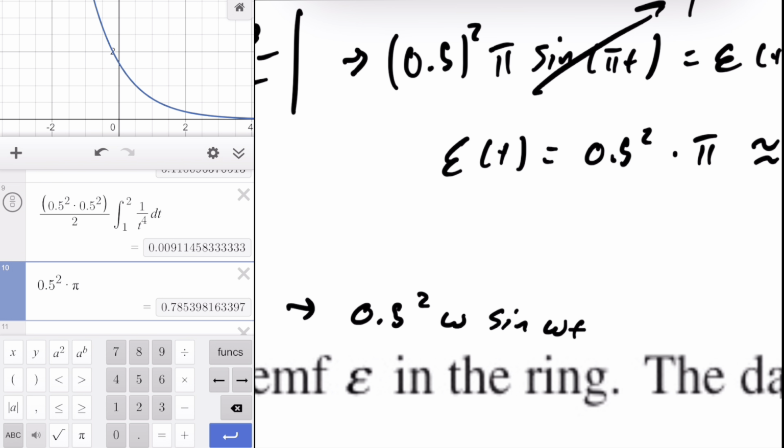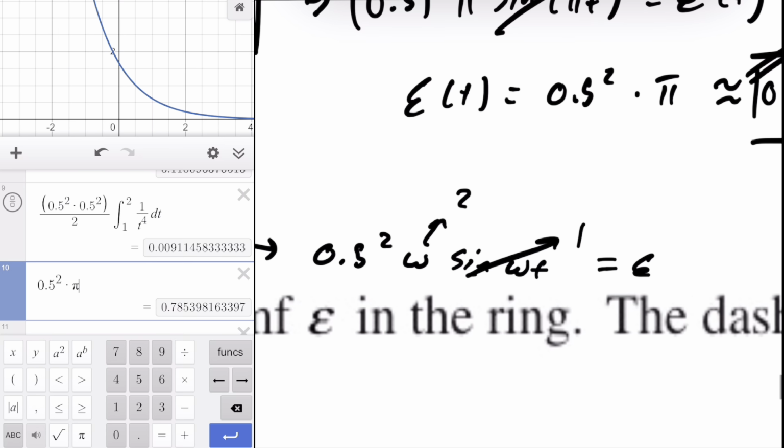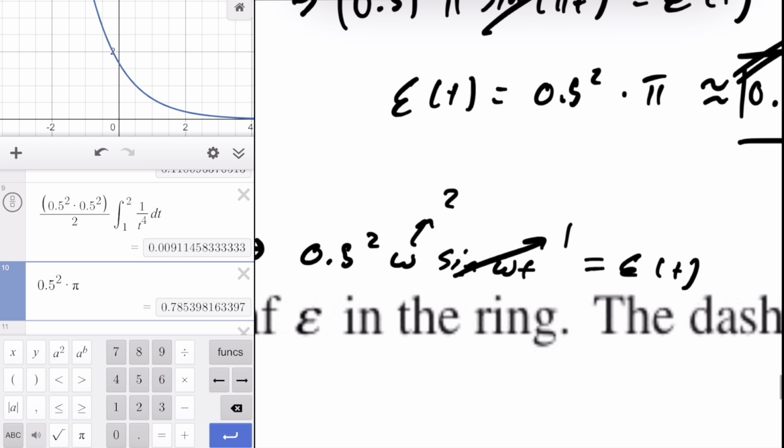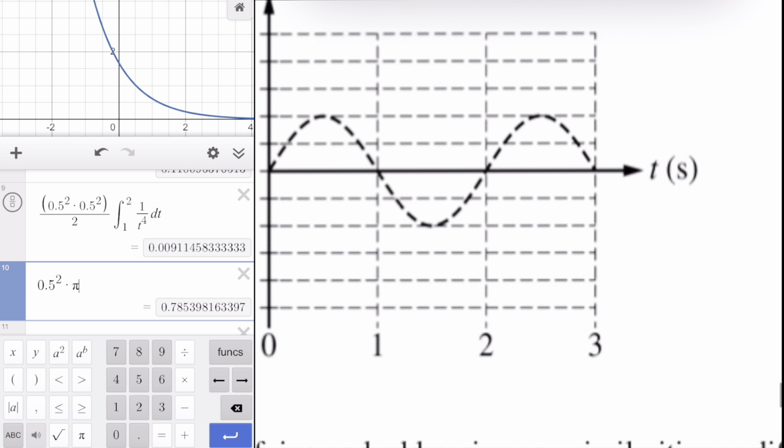And I know sine still maxes out at 1 no matter what. So if W increases by 2, then the max induced voltage has to also increase by 2, because this is proportional to that. If I multiply by 2 on this side, this one also has to multiply by 2 to account for the change because of the equal sign. That's how a direct relationship works.